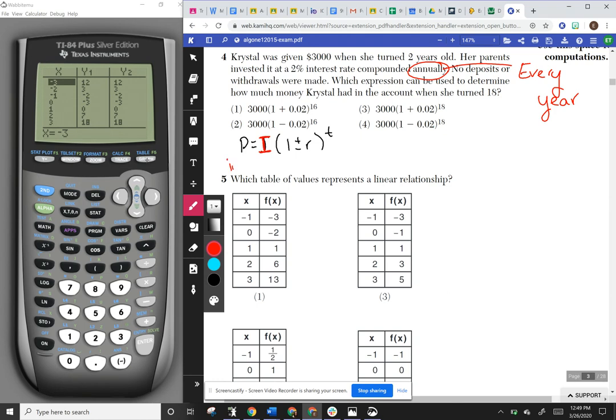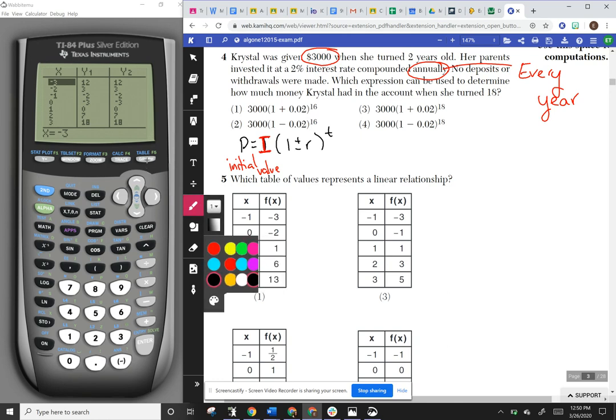So I is going to be the initial value. In this case, that's our 3,000. So whichever one we choose, we want 3,000 outside the parentheses. And every answer choice actually has that.